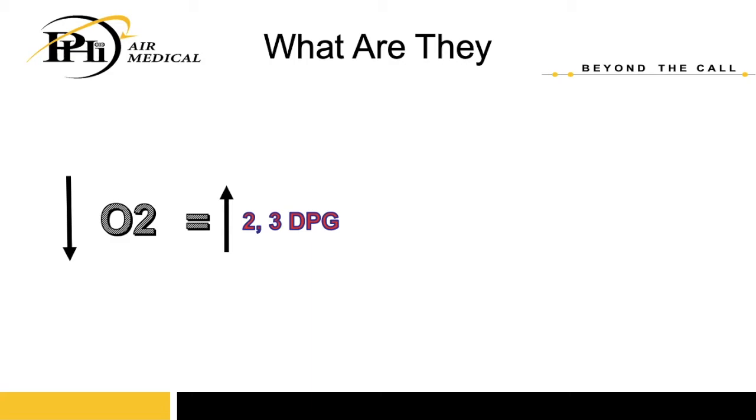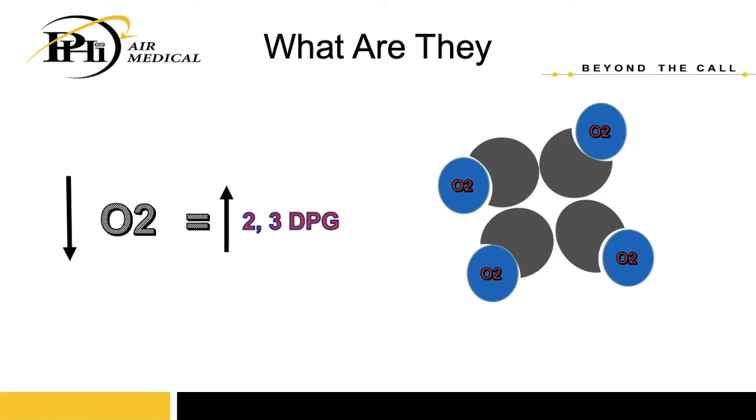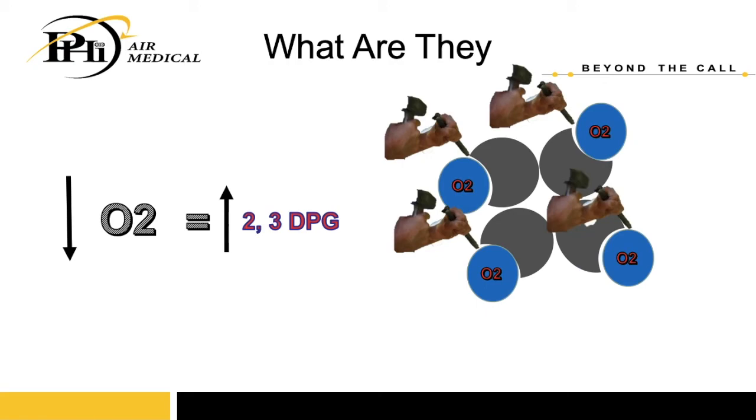And so if we get that increased production of 2,3-DPG, then they are more readily available to pry oxygen off of those hemoglobin groups and release into our tissues. So 2,3-DPG is a byproduct of a low oxygen state, or an increased metabolic state where you have an increased need for oxygen.